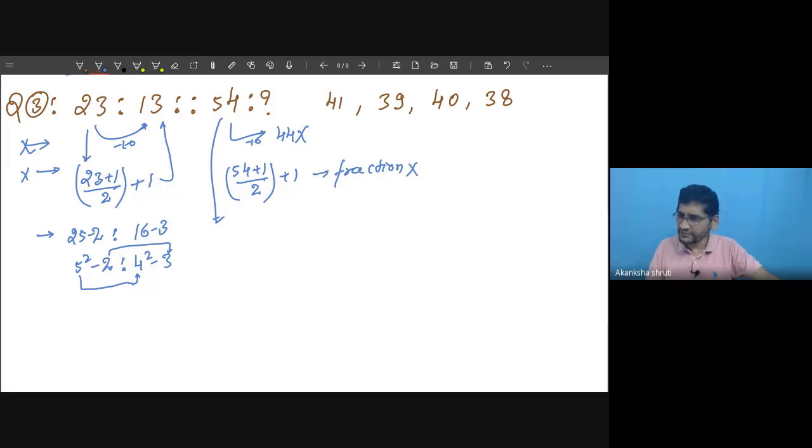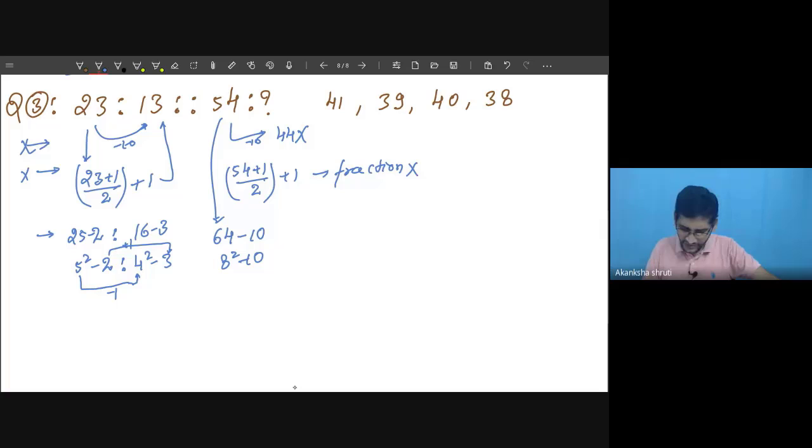So 64 is the next one. So it could be 64 minus 10 that we are observing. Okay. It is like our 8 square minus 10. Very good. So what is done here? The base is being decreased by 1. But what is being subtracted is being increased by 1.